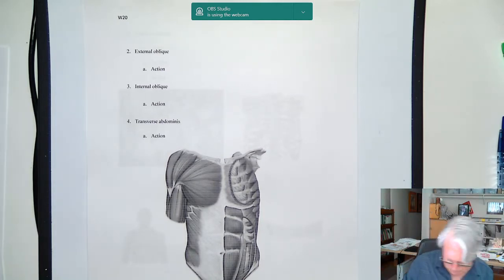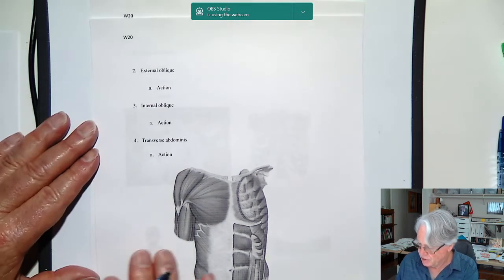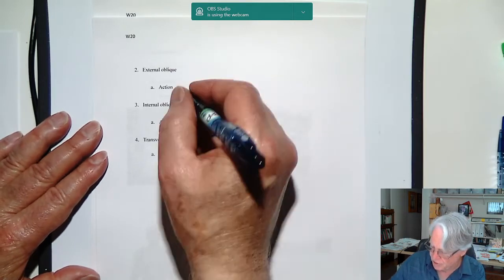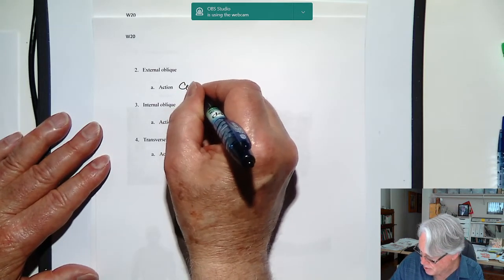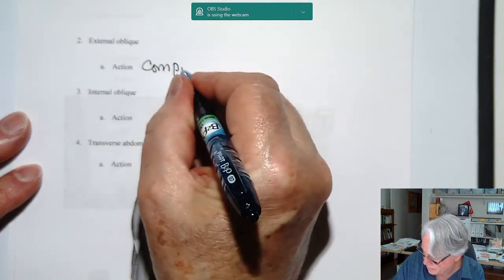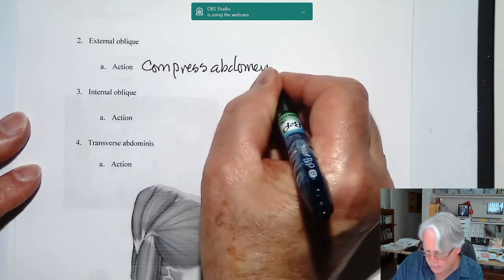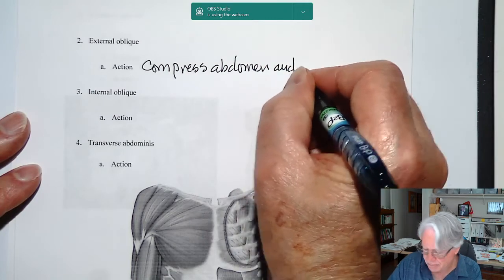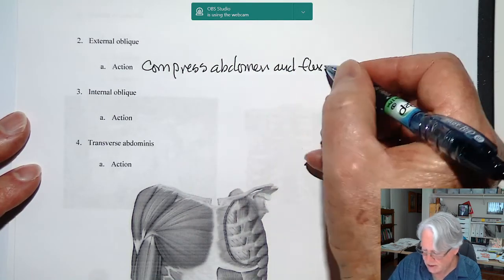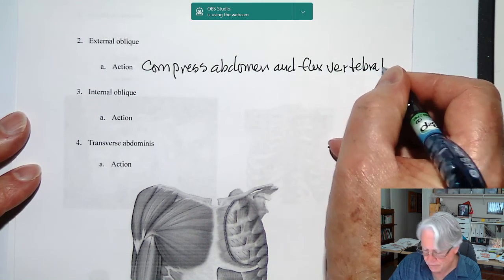All right, so let's do these, which are the external obliques, the internal obliques, and transverse abdominis. Let's get our information first. So starting with the external oblique, we just simply need the action for external oblique, and this is going to be compress the abdomen and flex the vertebral column.